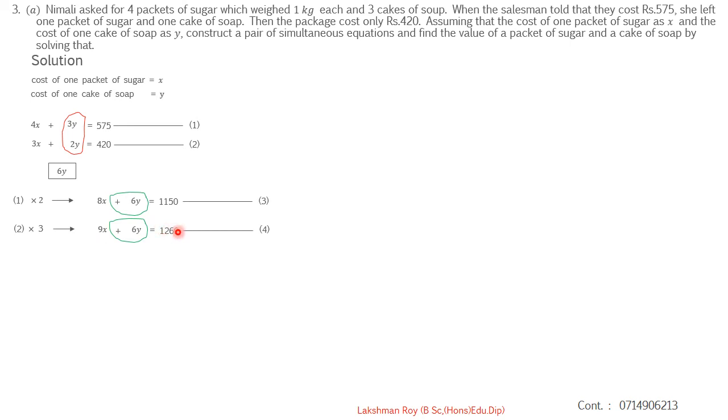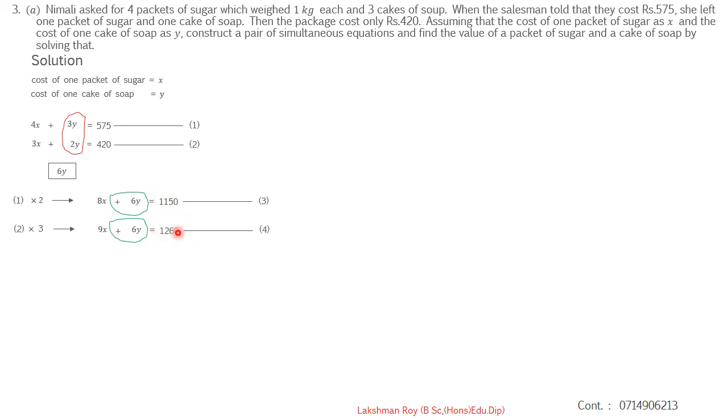In the other way, if you subtract the fourth equation from the third equation, you get 8x minus 9x, that is a negative number, right? So it is better to subtract the smaller number from the greater number, right? So that one you have to decide.